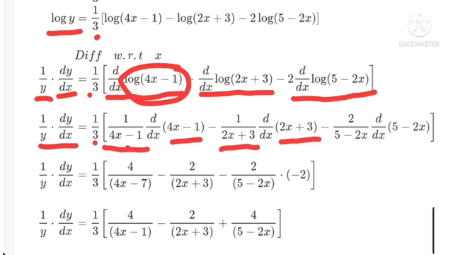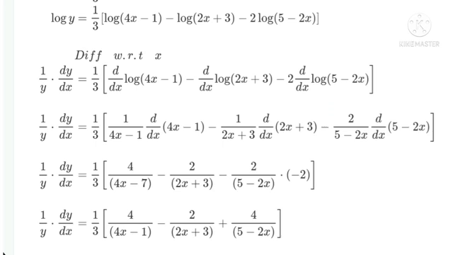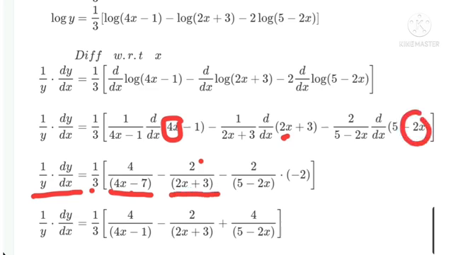The derivative of log is 1/(5 - 2x) into the derivative of (5 - 2x). Here the derivative of 4x is 4, so it becomes 4/(4x - 1). Here the derivative of 2x is 2, so we get 2/(2x + 3), and here the derivative of minus 2x is minus 2, and this remains as it is.